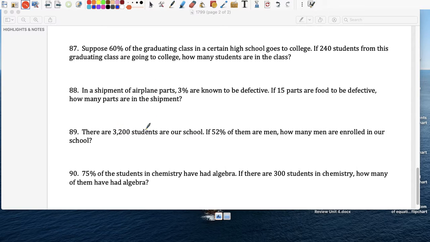Next: there are 3,200 students at our school, and 52% are men. How many men are in our school? So again, we're looking for the part, right? So how can we write this? 3,200, that's our total.